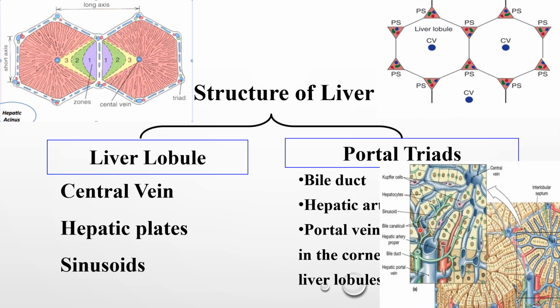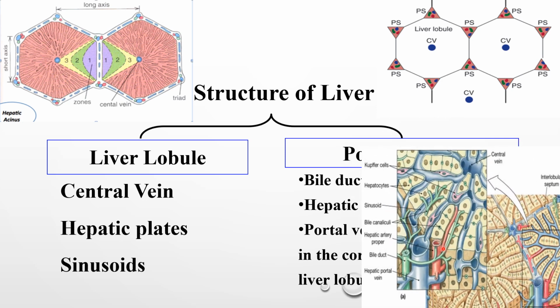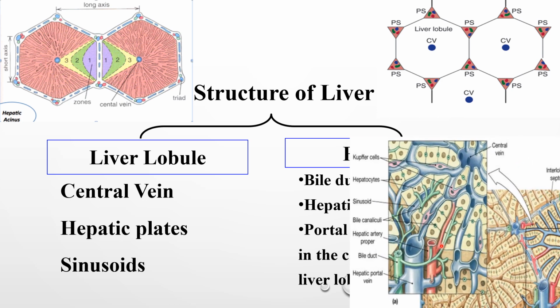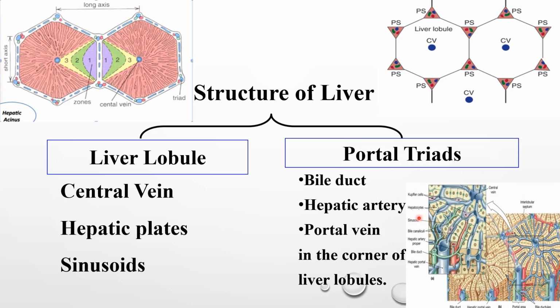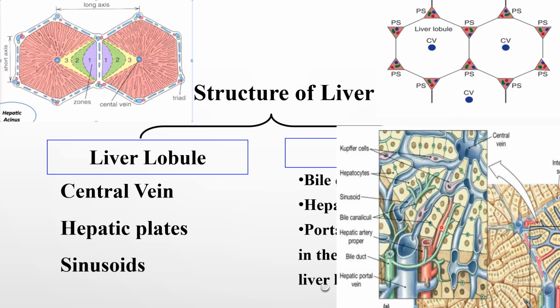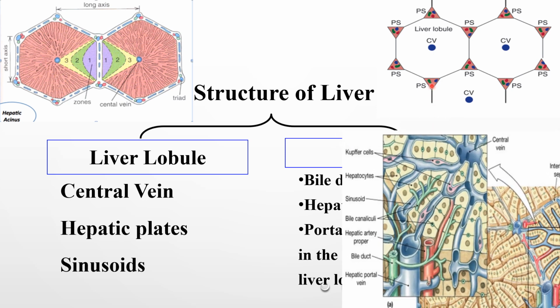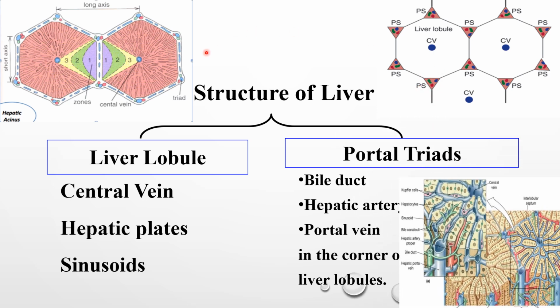So this is the hepatic artery, and this is the portal vein. All these three structures together are called the portal triad. Here you can see in each corner of it.